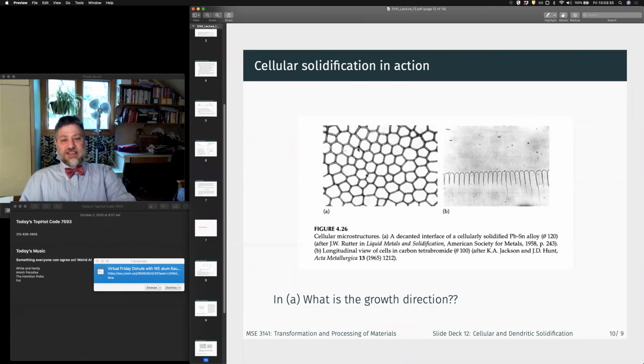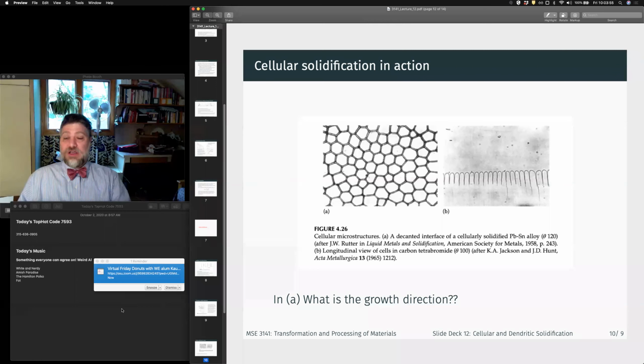This is a lead-tin alloy, very much like solder, or what solder used to be before they removed the lead, in cross section. We'll talk more about the recesses on Monday.